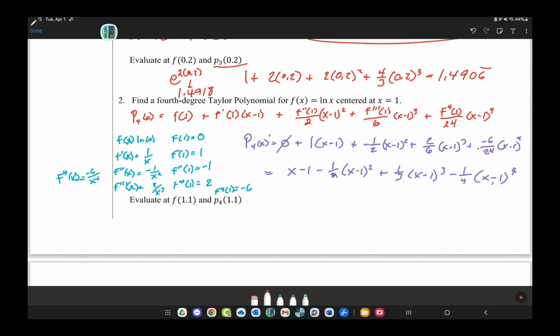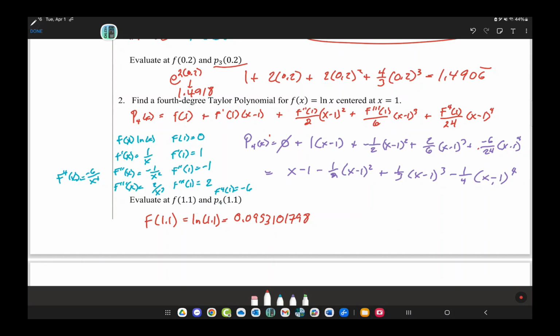So this is all we need. Now it says evaluate. So what is f of 1.1? If we do the natural log of 1.1, you get 0.09531011798.